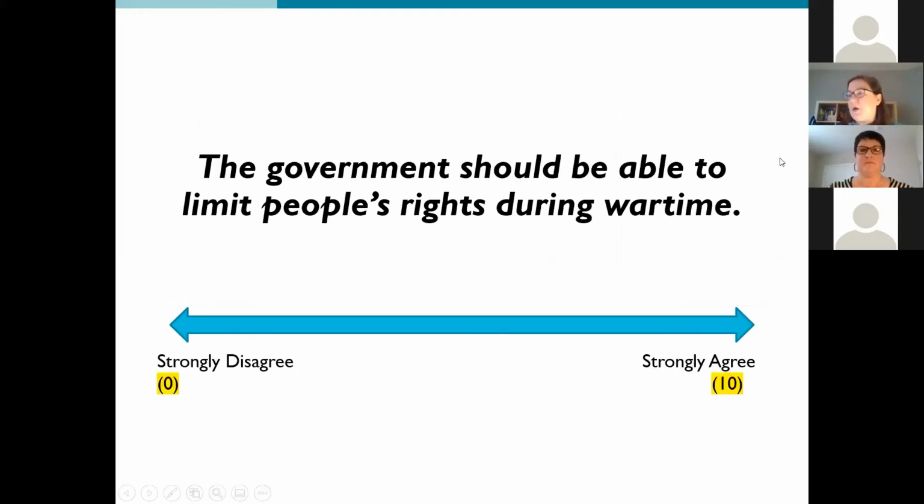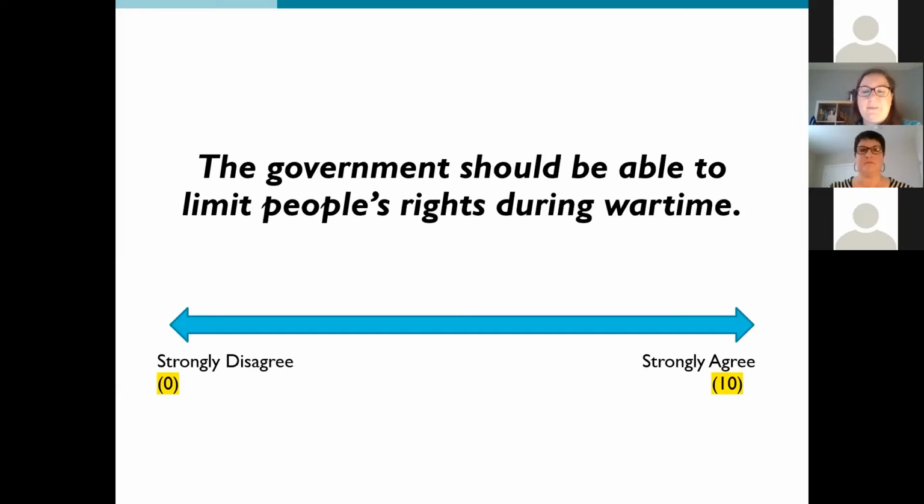So we're just going to jump right into part of our interactive part of the lesson. This is the claim that goes with the essential question for the Ex Parte Merriman case, which deals with rights during wartime. I'd like for you to think about this claim.